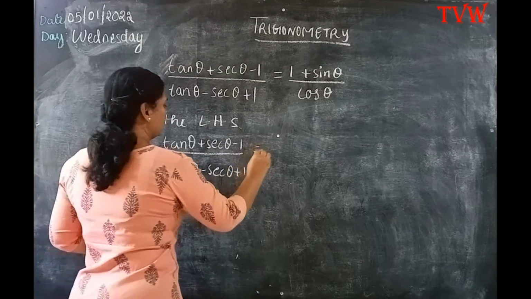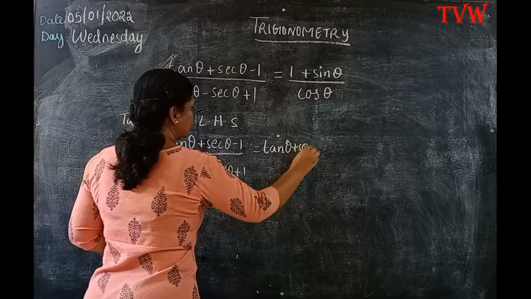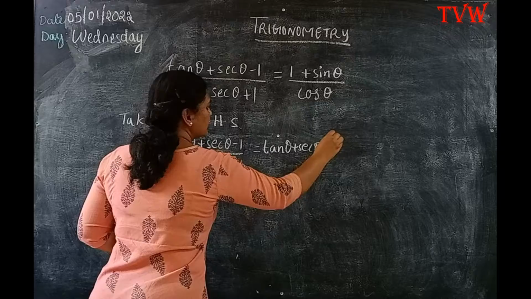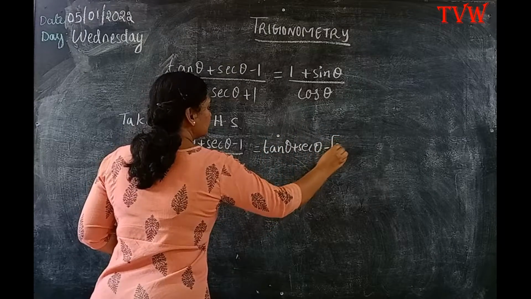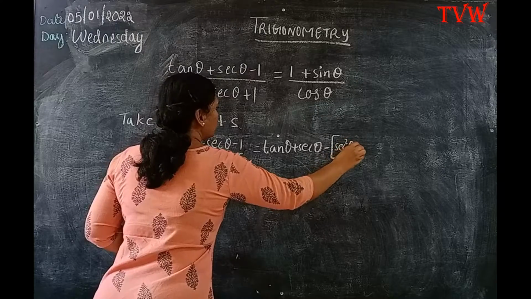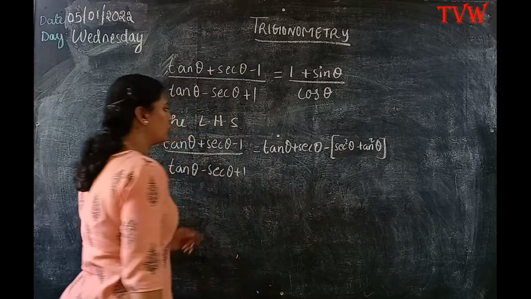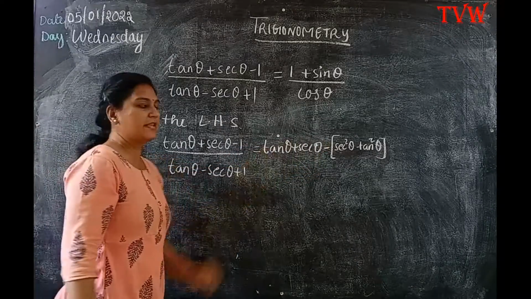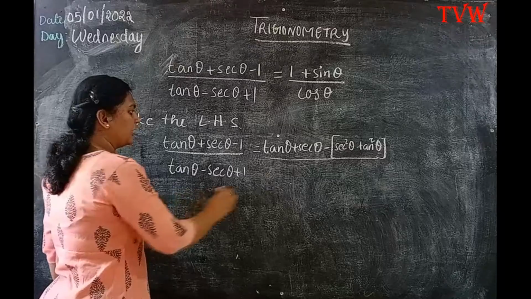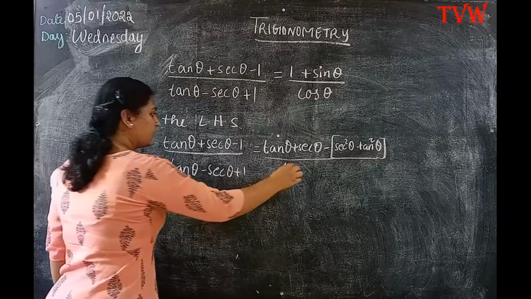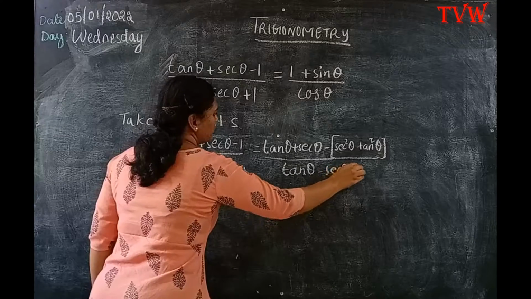So I am going to write this as tan theta plus secant theta minus, open the brackets, secant square theta minus tan square theta. Because my 1 can be written as secant square theta minus tan square theta, I am not going to change the denominator. So the denominator remains tan theta minus secant theta plus 1.